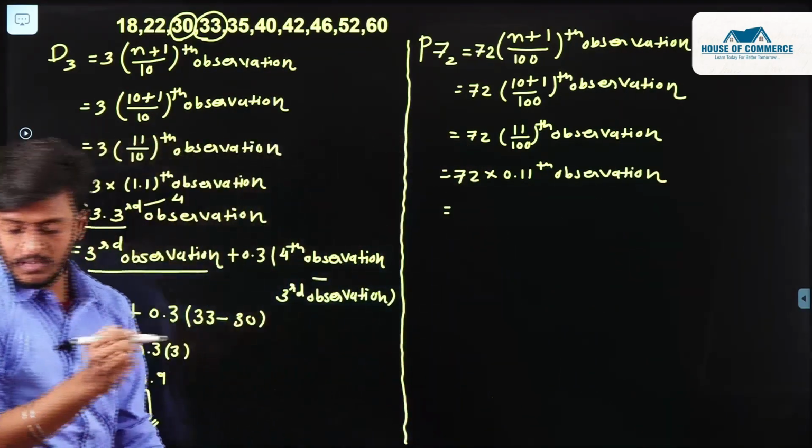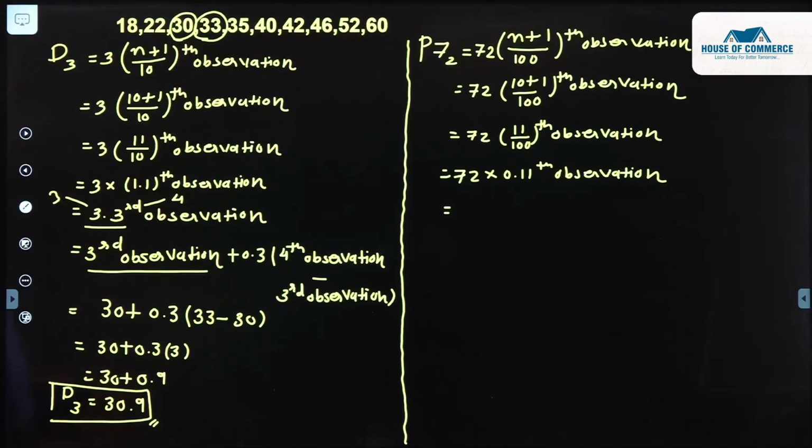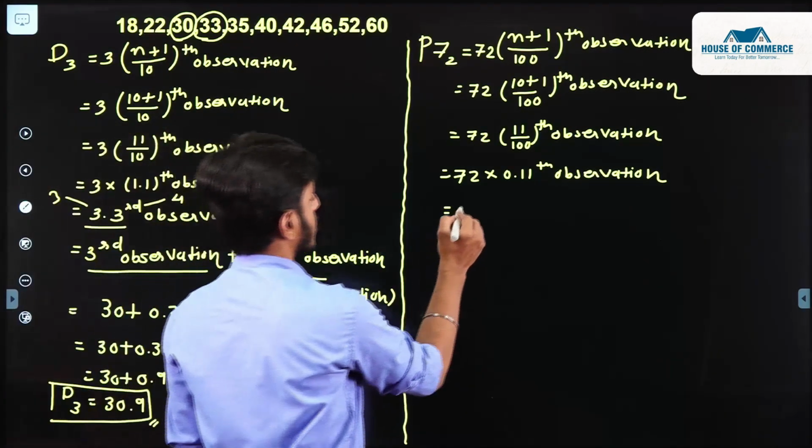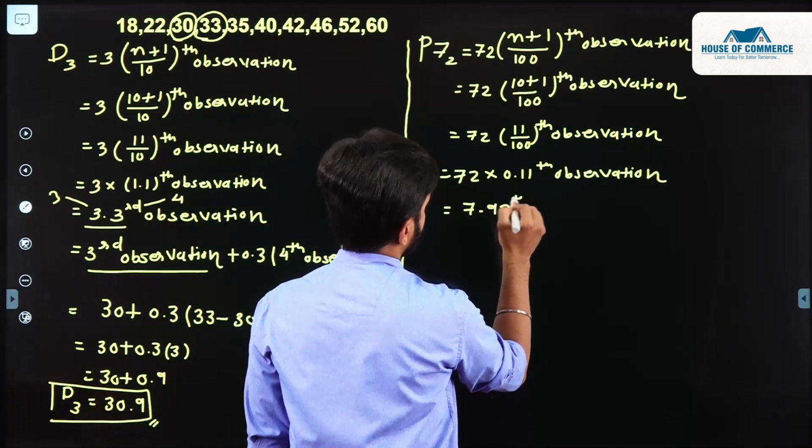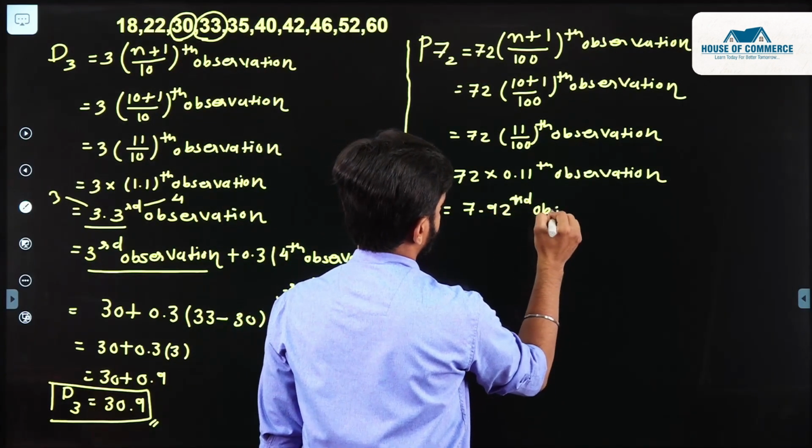Multiplying 72 with 0.11, I get the value 7.92, isn't it? It is the 7.92nd observation.